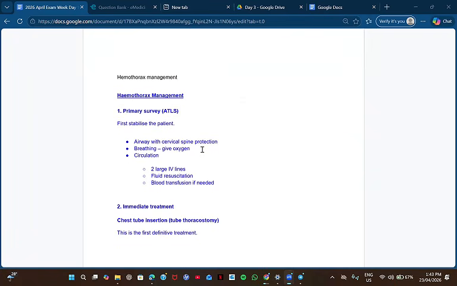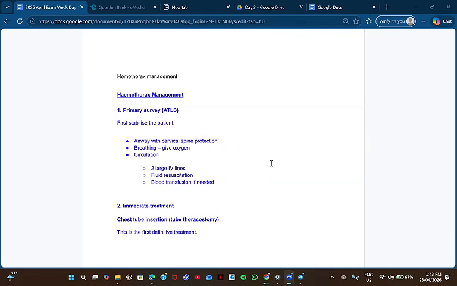If there's a hemothorax patient present, first of all, tell me what are the clinical features of a hemothorax patient? Most of the time they present after a motor vehicle accident, right? Difficulty in breathing, sudden chest pain, pleuritic pain, cough, then we can see tachycardia, tachypnea, pale, sweating.